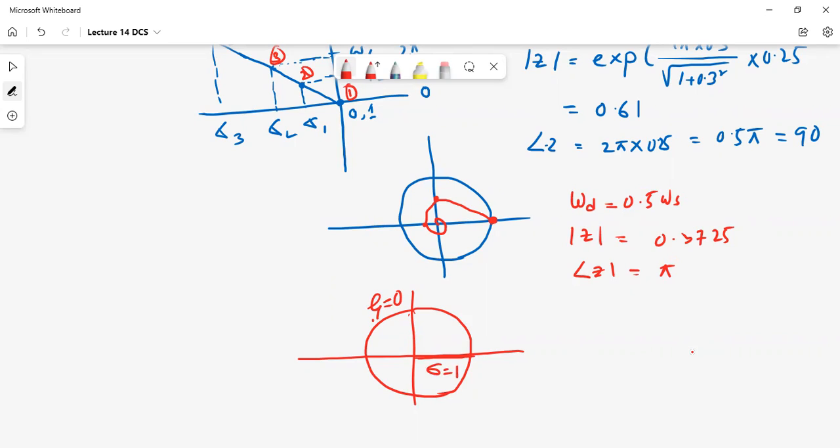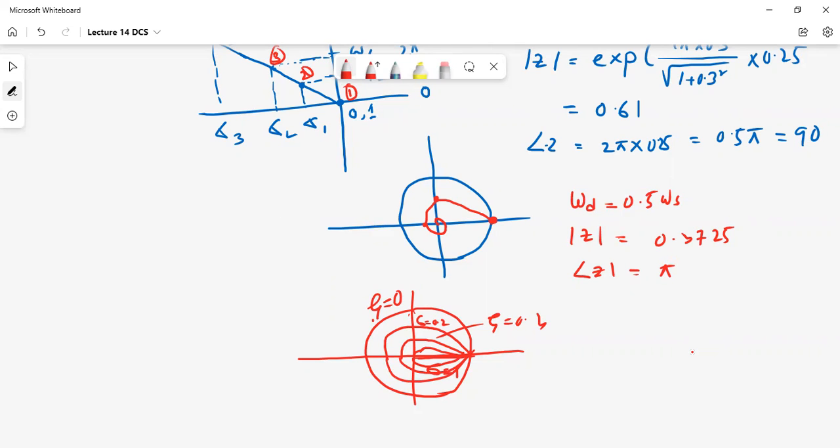In between, if you gradually start increasing the zeta, then you're going to see shapes like this. I'm just drawing half of it, not the whole thing. So you say zeta equal to 0.2, zeta equal to 0.4. This is how you're going to get the rest of the figure, and the downwards part is just identical, so you can draw it in a similar way. Okay, so this is how you have to find out.